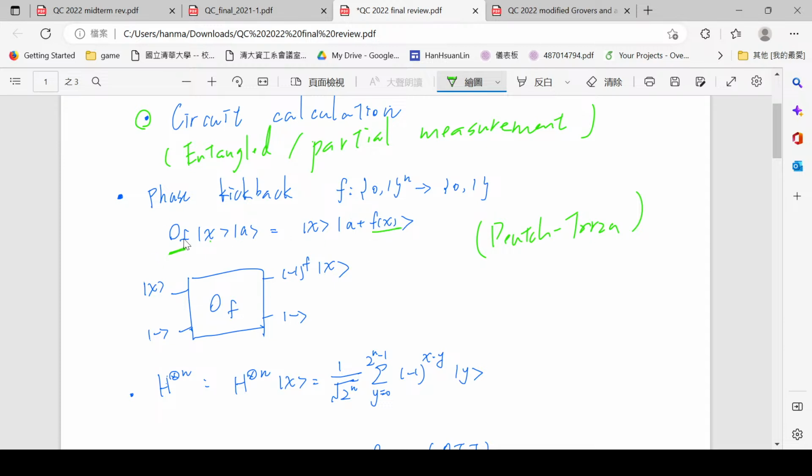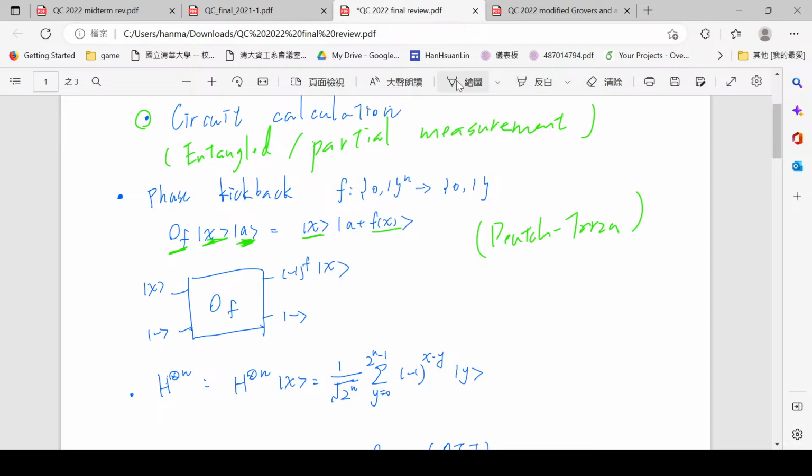But being a quantum unitary, it needs to be reversible. So actually, we'll keep the input register x intact, and there is an output register that can start in whatever state. We're assuming it's in some computational state a, and okay, so it's actually |a> here.